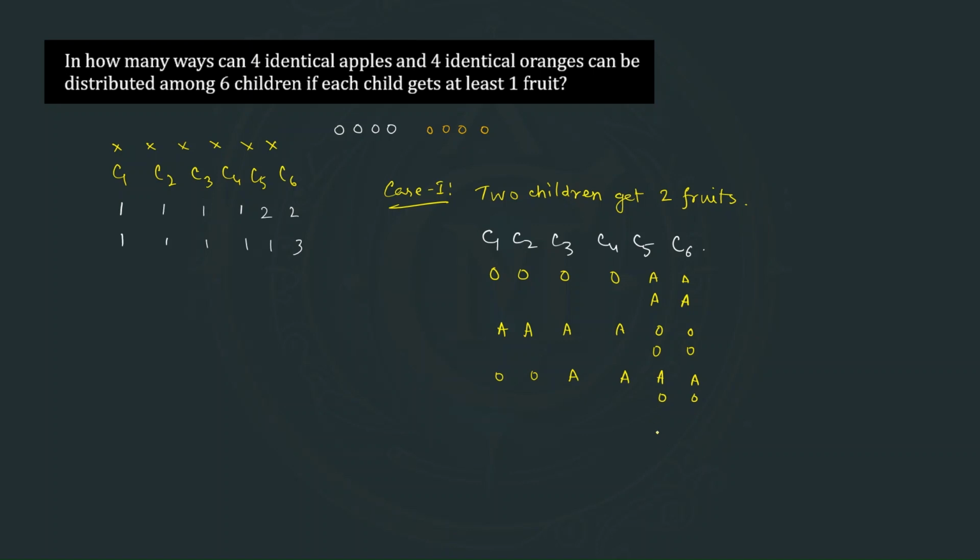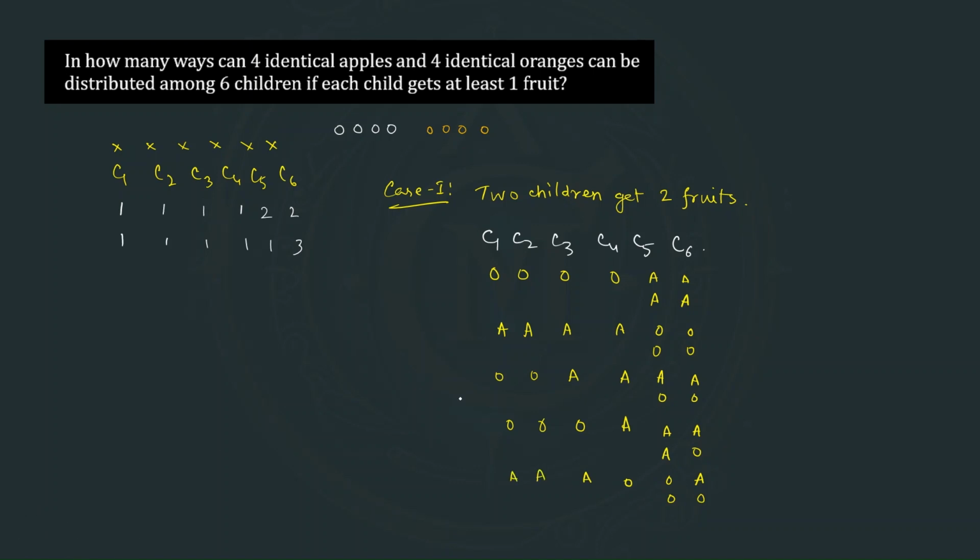Similarly, we can take these cases apple, orange, then apple, apple, then the remaining apple is here, and then orange, orange, orange. Similarly, we can again mirror this case, which is apple, orange, and then orange, orange, and then the remaining orange here and the apples here.